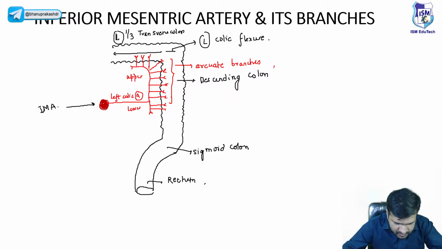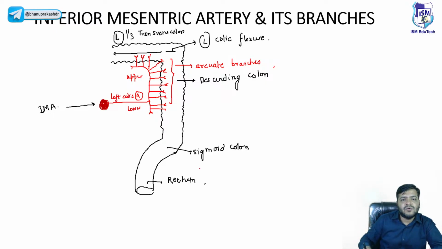Now, the one supplying the sigmoid is called the sigmoidal artery. So we have another branch coming from the inferior mesenteric artery, and these are again 2-3 multiple branches.